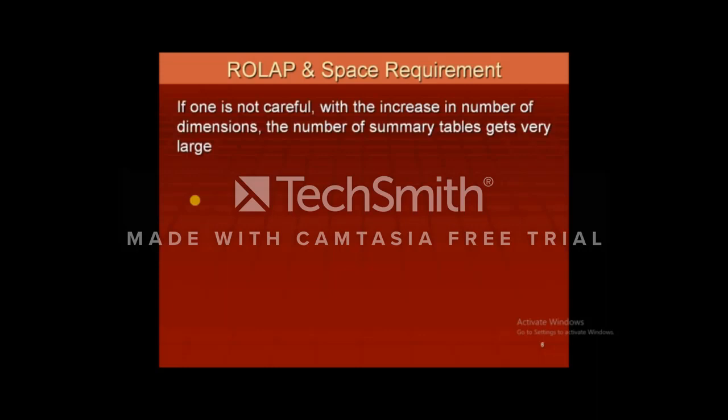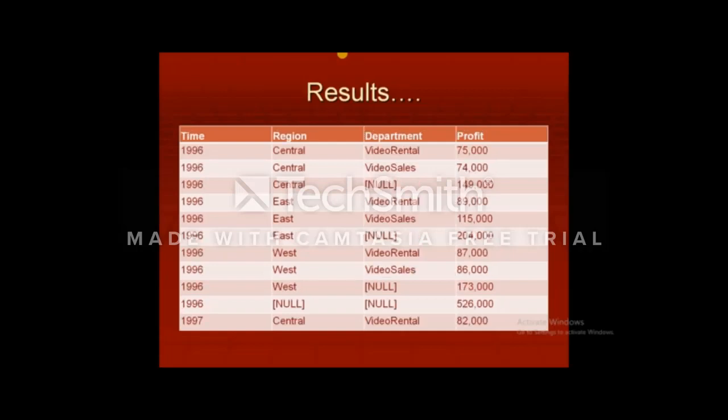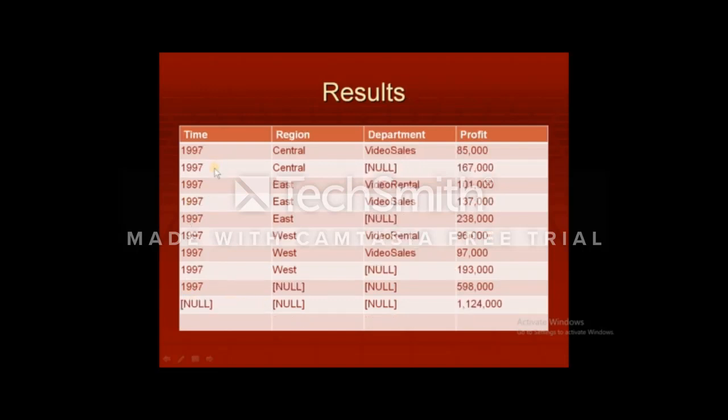If one is not careful, with the increase in the number of dimensions, the number of summary tables gets very large. In our previous slide, we had 3 dimensions and one fact table. Looking at the result, if we put this inside one summary table, this is one summary table, then the second, the third, the 4th, 5th, 6th, 7th and 8th, and the total is 9.